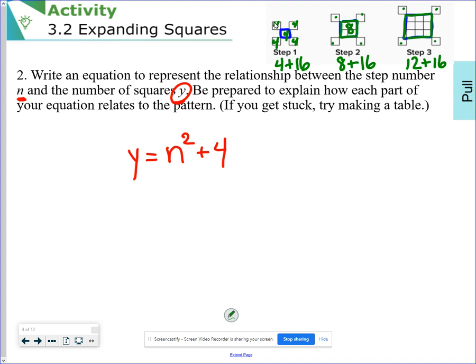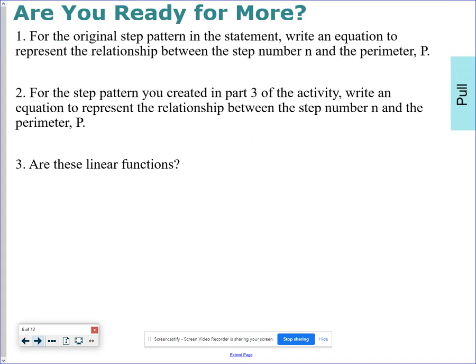I want you to see what's really happening there, because it's a square, because I've got 4 sides that are all exactly the same. If this was 3 right here, it's going to be 3 times 4 to get that whole perimeter. This was 2 right here, it's going to be 2 times 4 to get that whole perimeter. And the first one is 1 times 4 to get that whole perimeter. So let me step back to our problem that we're on right here.